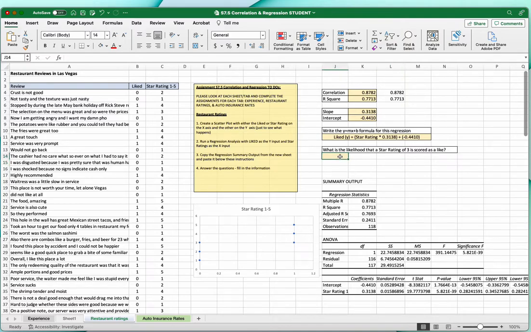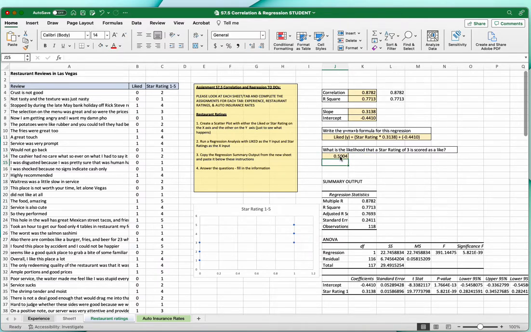Now it asks, what is the likelihood that a star rating is scored as a like? For a star rating of 3, equals 3 times 0.3138, and then we add negative 0.4410, return.